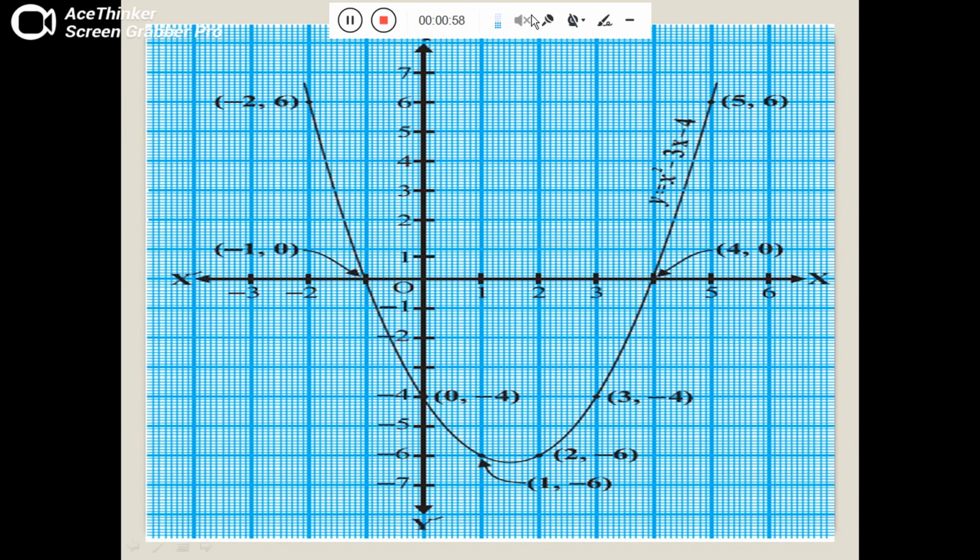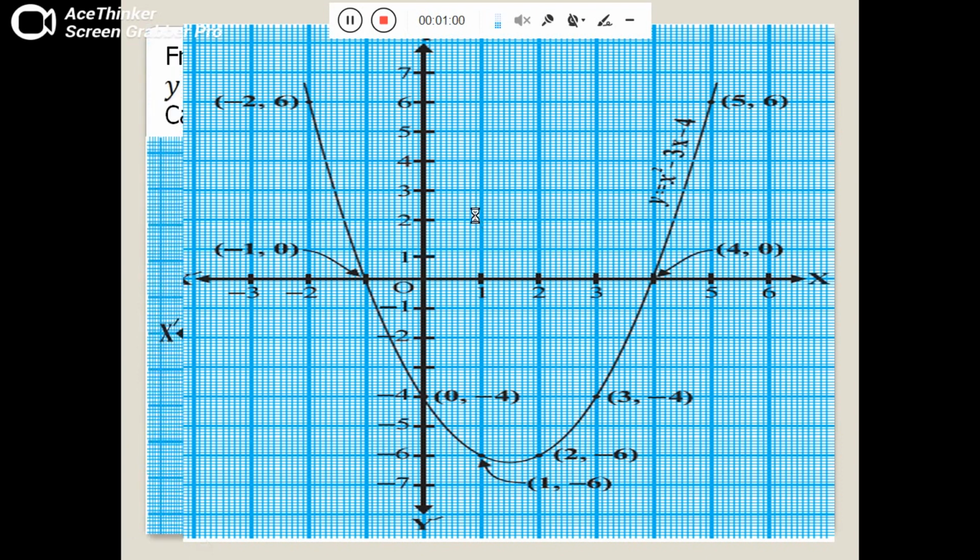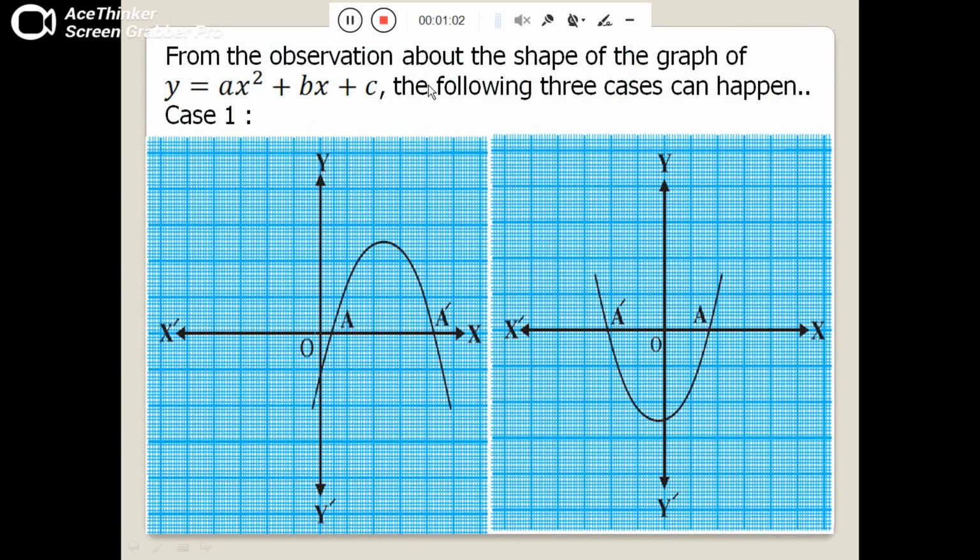Let us see a few examples from the observations about the shape of the graph of the quadratic polynomial y equals ax square plus bx plus c. The following 3 cases can happen. Case number 1: this is a parabola opening downward, which means the value of a will be negative, and this is a parabola opening upward, which means the value of a will be positive.